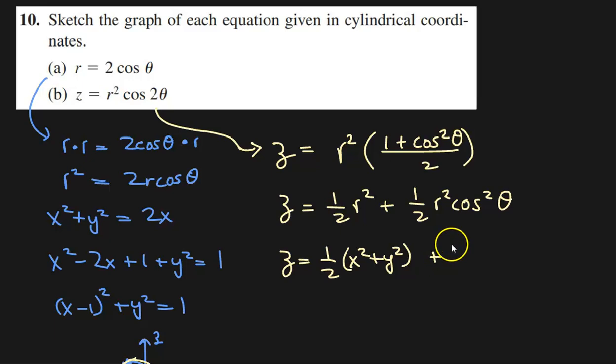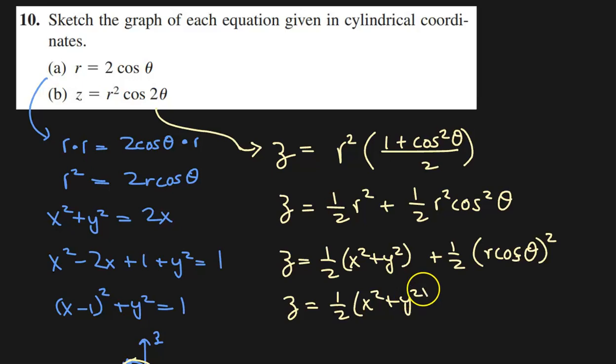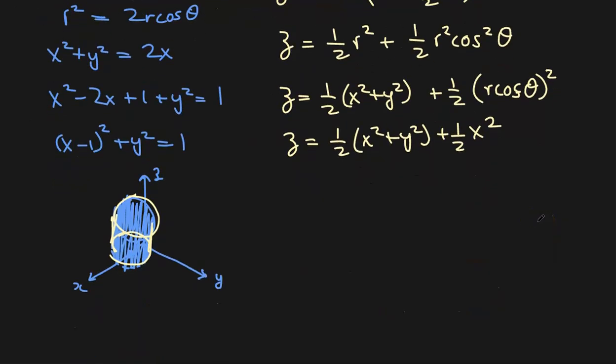And then this over here is 1 half times r cosine theta whole square. So let's rewrite this now. Plus 1 half, and then this is just x squared. Right? Yep. So now we have z is equal to 1 half x squared plus 1 half x squared. That's just going to give us x squared, and then we have plus 1 half y squared.